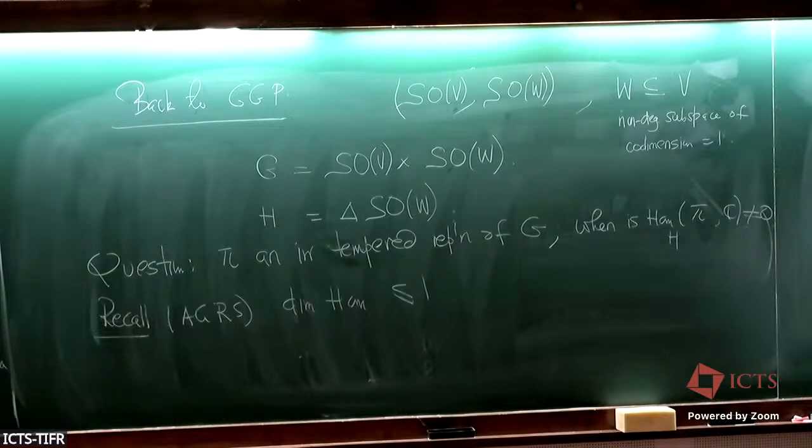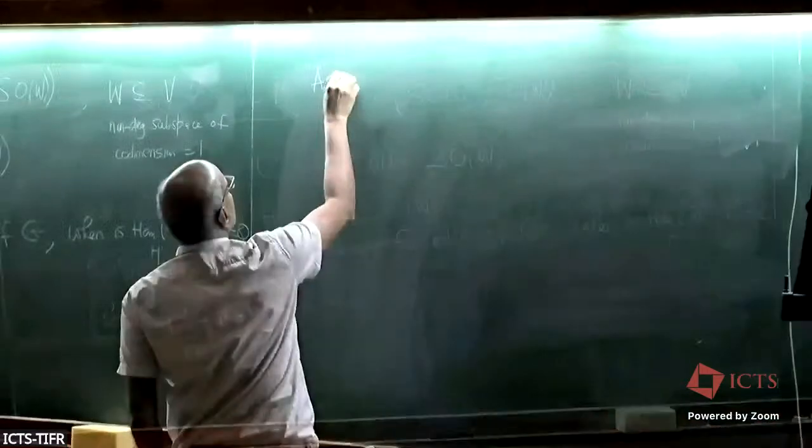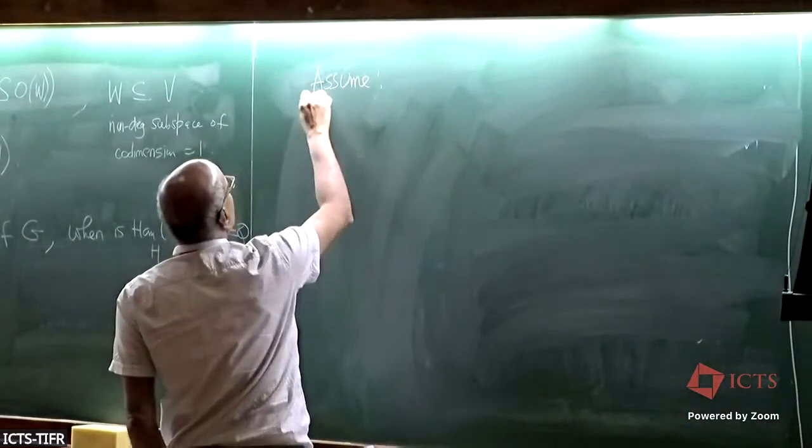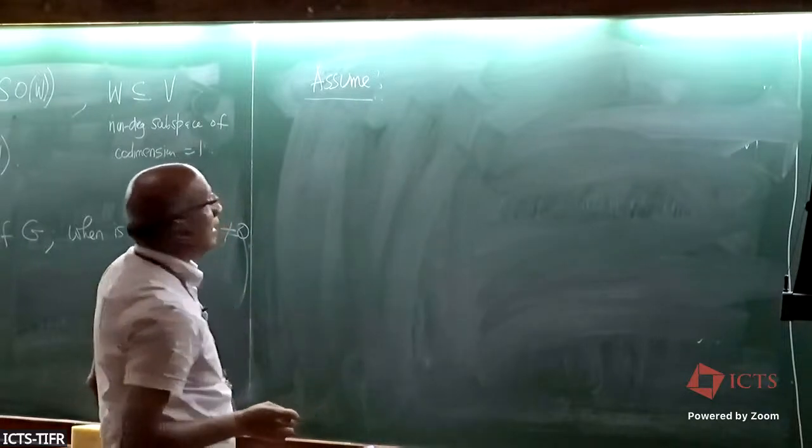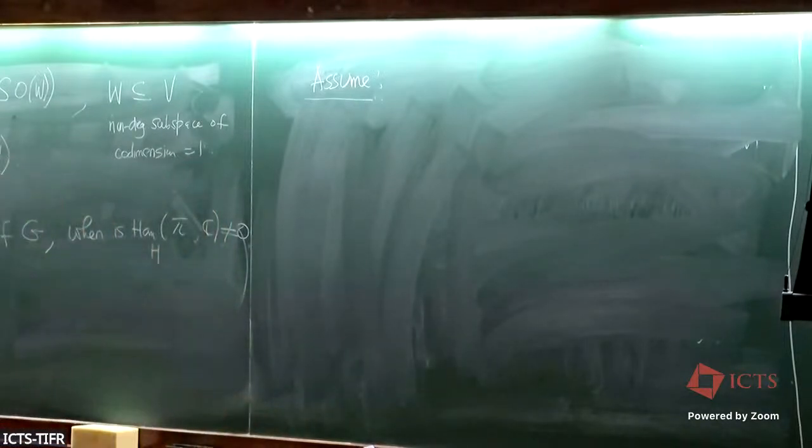So assume, just like in the refined LLC, I said we prefer to begin with quasi-split groups. We will assume that this pair is quasi-split.